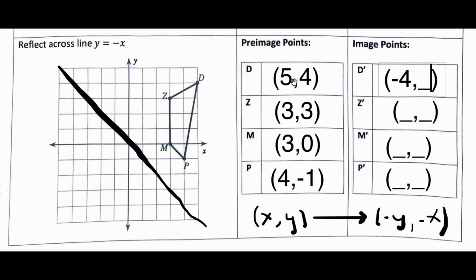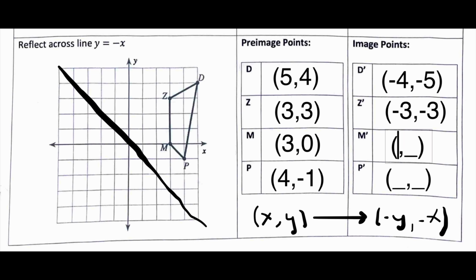And if our x value for the pre-image was 5, now our y value is going to be negative 5. So for Z prime, that's going to be pretty easy since it's the same number, so it's going to be (negative 3, negative 3). For M, it's going to become 0. I mean, technically negative 0, but that's not a number, so it's just 0.